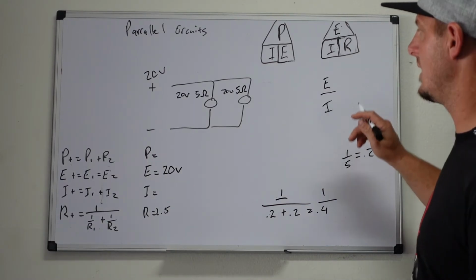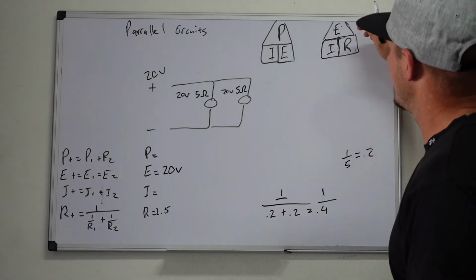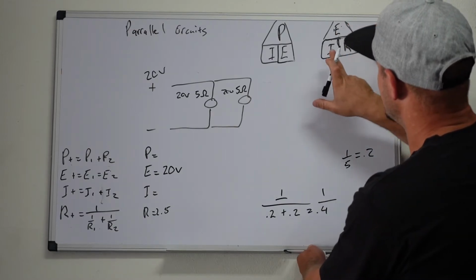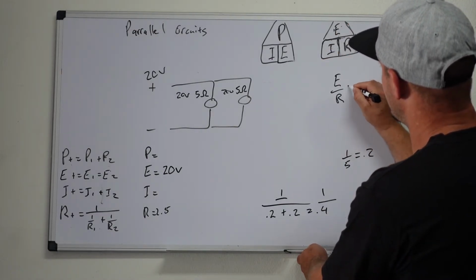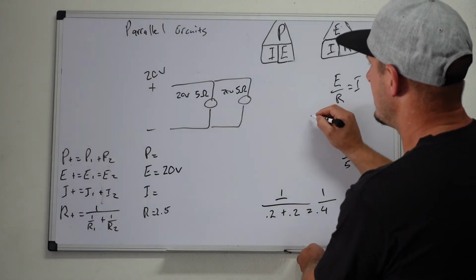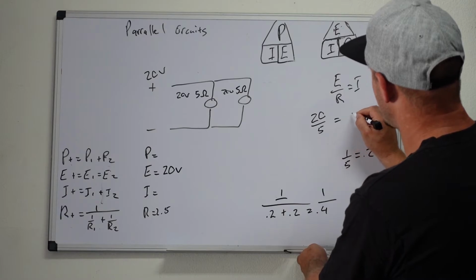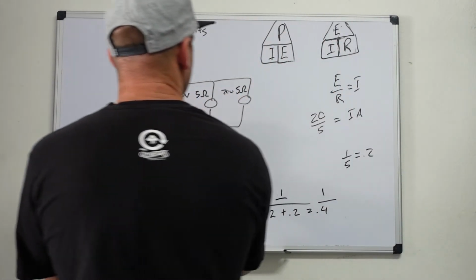But we're not solving for R there, we're solving for I. So we cover it, it gives us E over R equals I, which is 20 over 5 equals I. So we know that's the same on both of these.